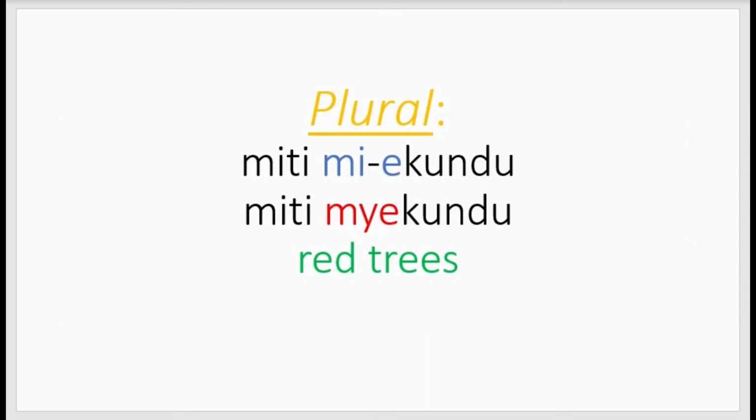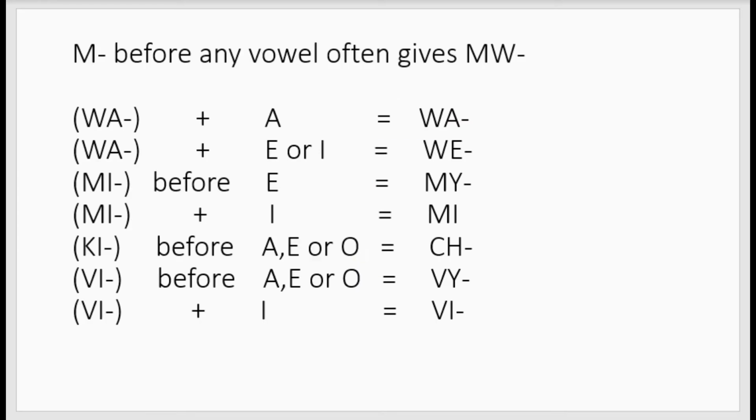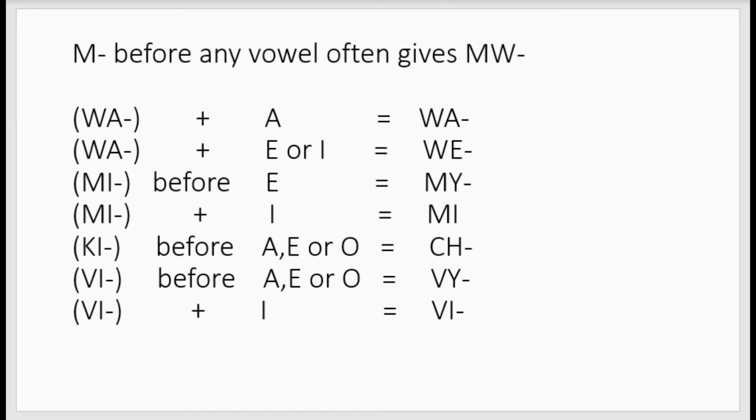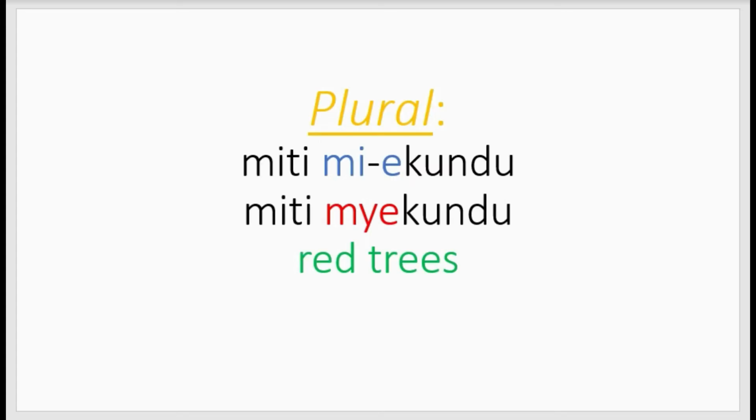Remember in our table here, mi before e, we get mie. Now in our sentence here, we have miti.